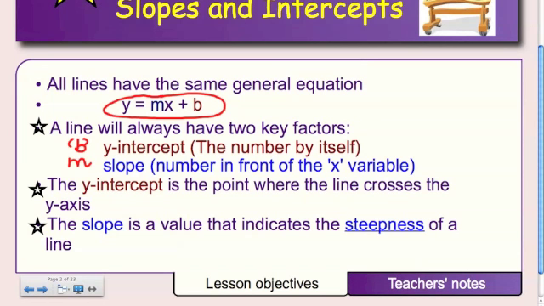The y-intercept, remember, is the point where the line crosses the y-axis. So when x is equal to 0, y is going to be equal to whatever your b value is. And the slope is the value that indicates the steepness of a line. So we're going to talk about different slopes in this unit guide and in the unit guides to follow.